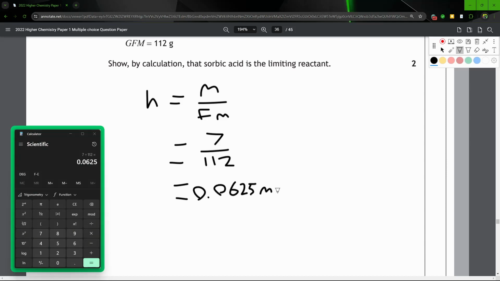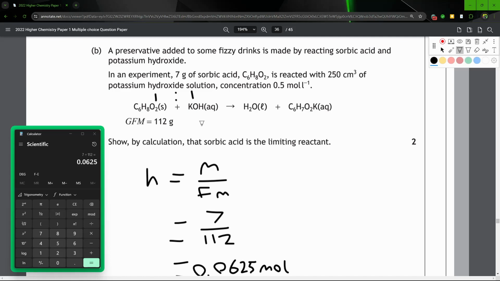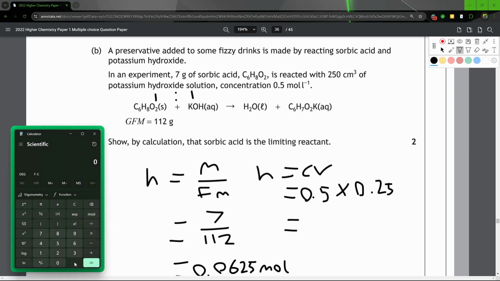Then we'll do the same for potassium hydroxide using the concentration and volume equation. The concentration is 0.5 moles per litre. But remember, volume is in litres, so it's not 250, it's 0.25. That gives 0.125. I'll just do it in a calculator anyway, just in case I flip up completely. Look at that. Always stay winning.